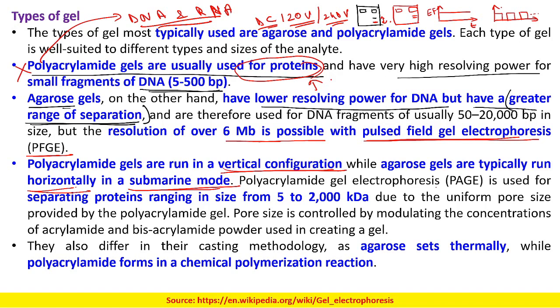Polyacrylamide gel electrophoresis is used for separating proteins ranging in size from 5 to 2000 kD. And as I told you, agarose gel sets thermally. It is a naturally occurring polymer and you do not need to perform any chemical reactions, while for developing polyacrylamide gels, we need to perform a chemical polymerization reaction.